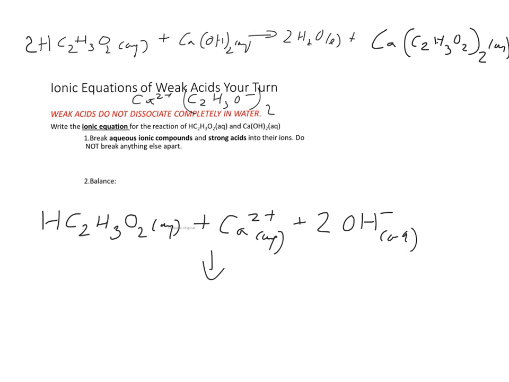All right, now we go to the other side of the arrow. We have water. Water doesn't get broken up. Calcium acetate, however, is an ionic compound, and it's soluble, so it does get broken up.